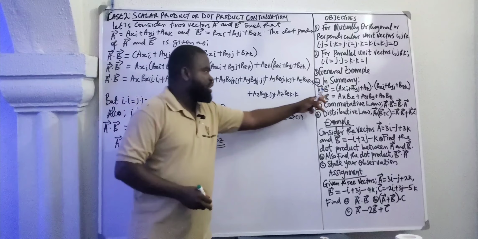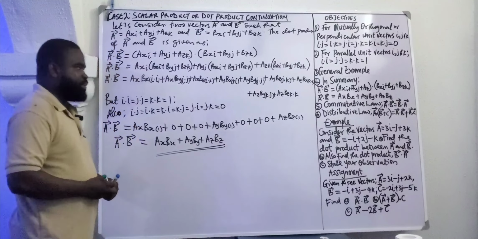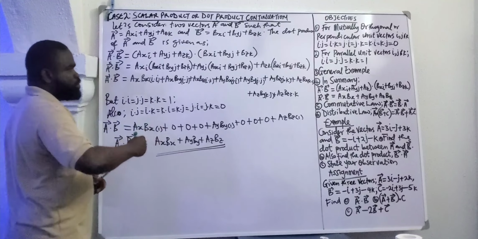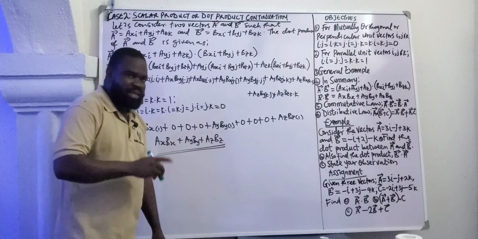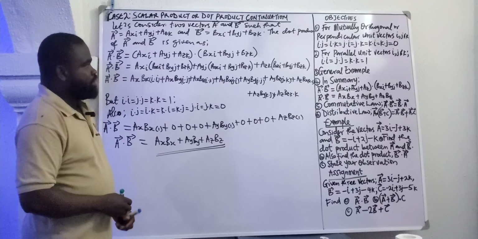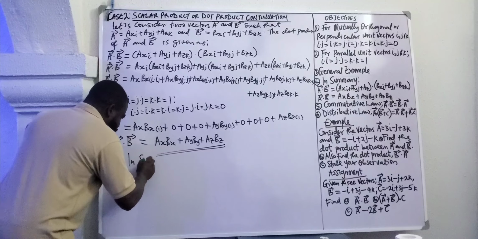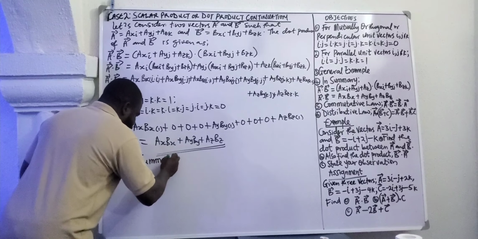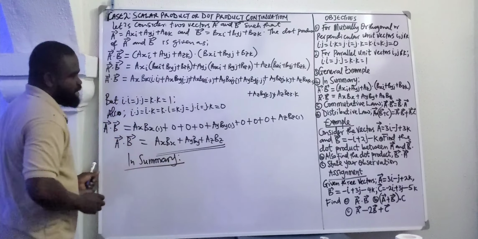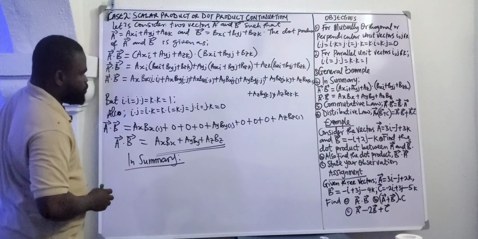In summary, when you are given two vectors to dot them, you just simply dot the two vectors that are alike. So let's do that. In summary, which is what we will use in the examples that we solve, and also in the assignment, I will want you to use that too.